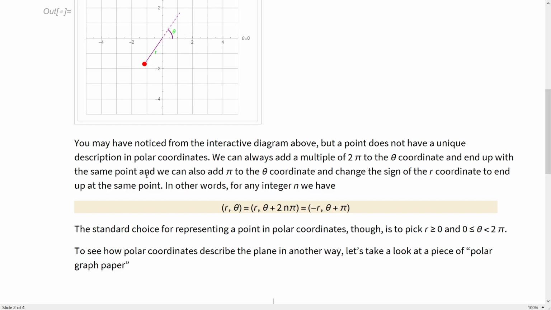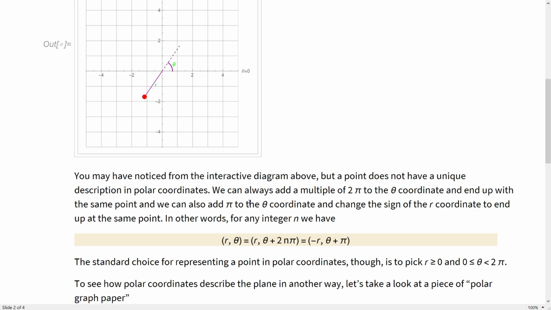Usually, though, when we're picking points, we want to keep a positive r value and pick theta to be somewhere between 0 and 2 pi, just because those are the nicest numbers to use, though we often do want to use other ones. It really depends on the situation.